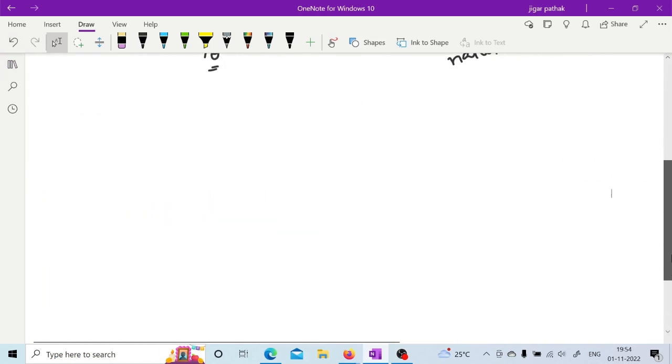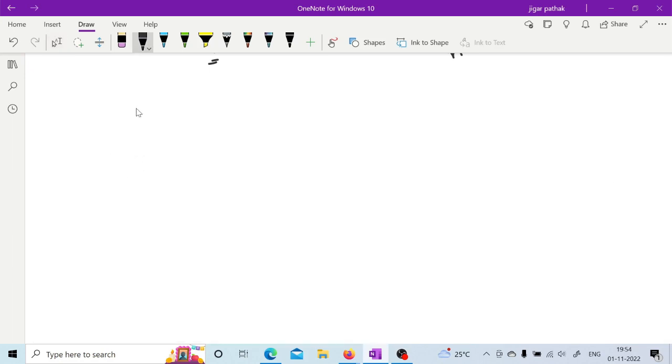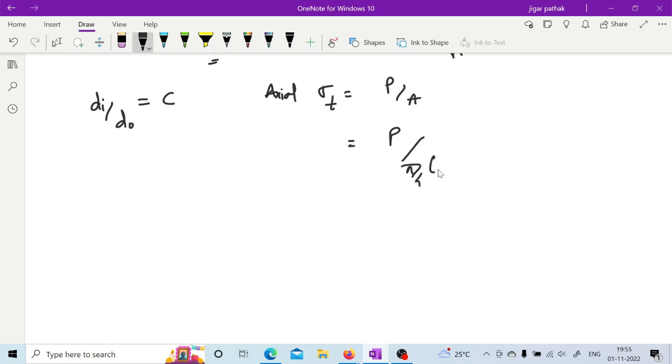In case of hollow shaft design based on strength criteria, if we consider the inner diameter to outer diameter ratio as C, then the axial stress you can consider as sigma t equal to P by A, where A is pi by 4 dO square minus di square, outer minus inner diameter square.